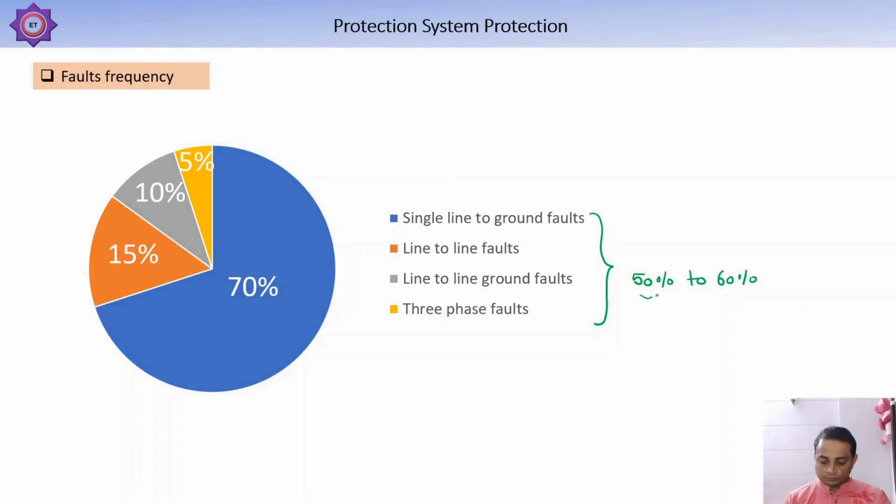Let me scale it to 100%. Then the frequency of single line to ground fault is 70%, line to line fault is 15%, line to line ground fault is 10%, and for three-phase fault it is 5%.